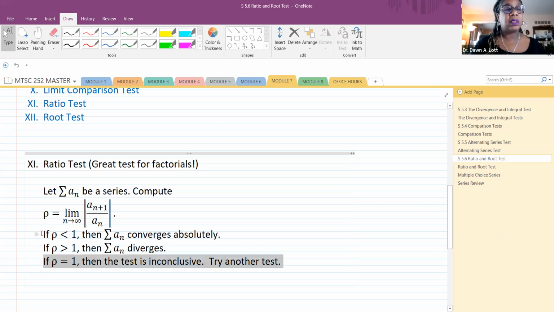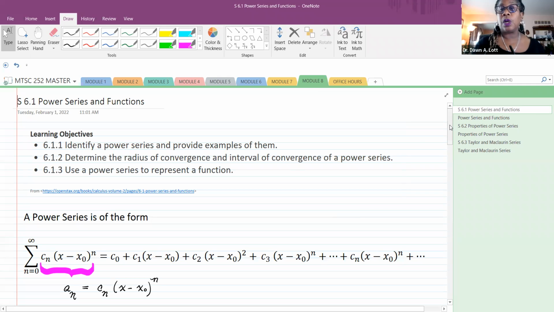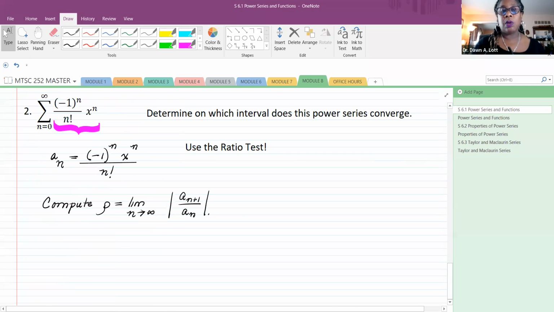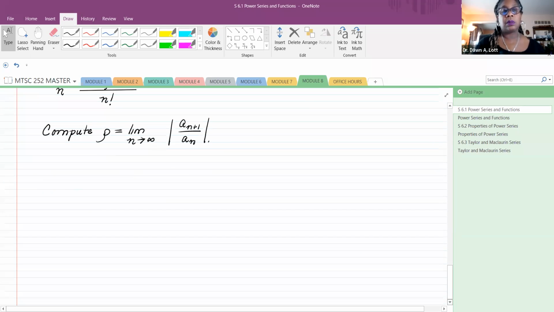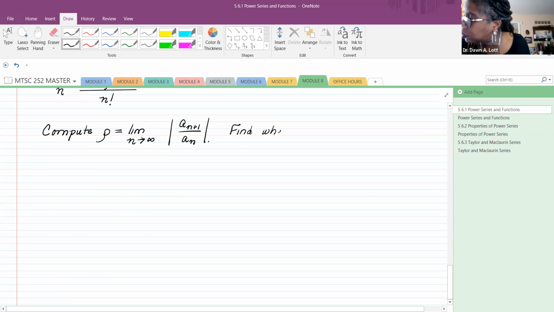We want the case when rho is less than 1, then we know our series converges. So we're going to compute rho, and then we are going to find where rho is less than 1.